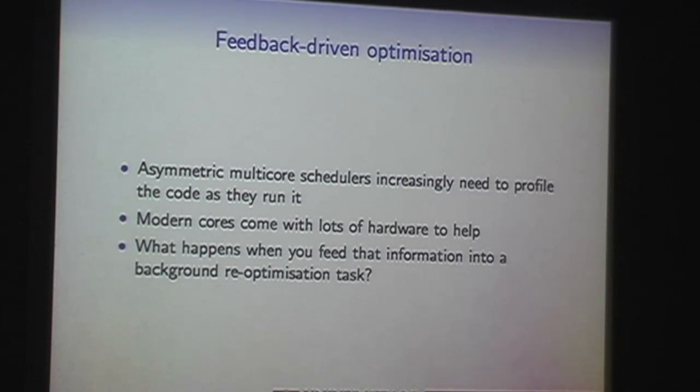And, well, now we're doing very detailed performance analysis of code as it runs. Wouldn't it be nice to take that information and put it back into your compiler and use this for feedback-driven optimization? And this is something that JVMs have done for a long time, and the .NET CLR does. And SGI had a project in the 90s called Dynamo, which did this with a MIPS on MIPS emulator.